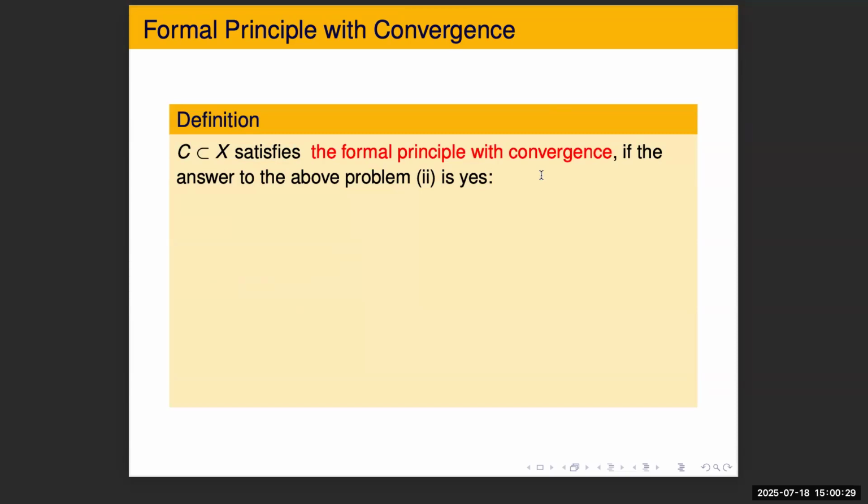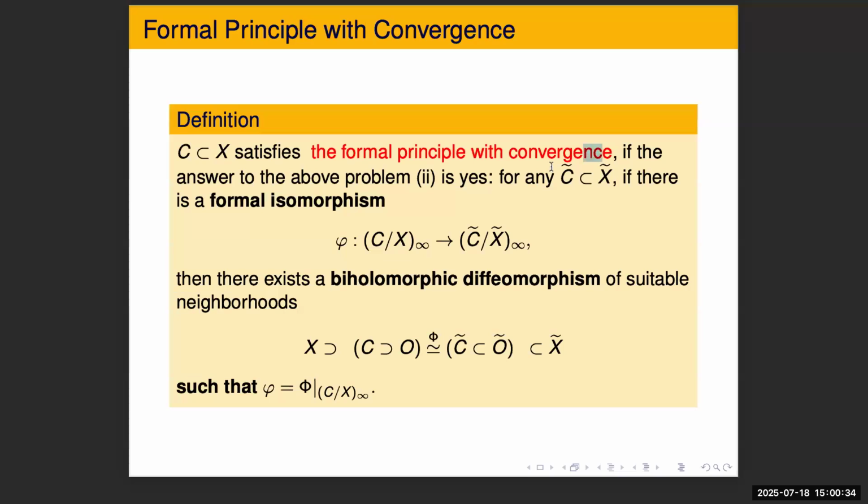So the submanifold satisfies the formal principle with convergence if the following is true: given any other submanifold with a formal isomorphism, there exists a biholomorphic diffeomorphism of suitable neighborhoods such that this biholomorphic diffeomorphism induces the originally given formal isomorphism. So this is stronger than the formal principle. The formal principle does not require the last line.